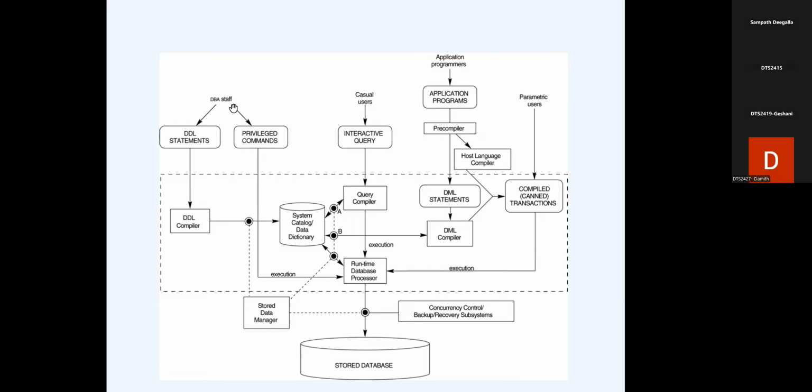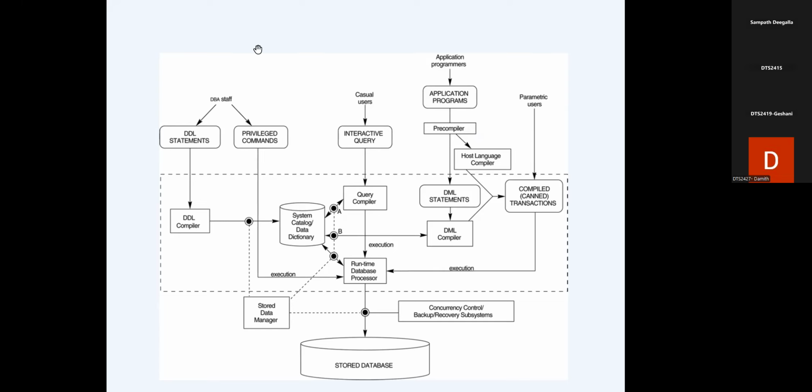You can see those who are working on the database itself, database administrator staff, application programmers, and those who are users, we have casual users and parametric users. And then how exactly, what application programs are they going to use to access the database management systems. As database administrative staff, you are using DDL statements and also any privilege commands. Application programmers use application programs to access the data.